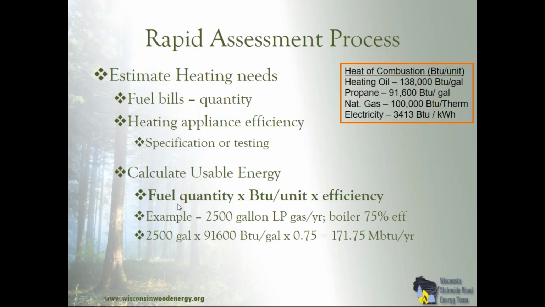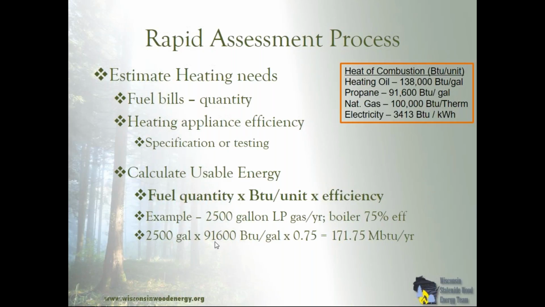And then the formula is the fuel you've used times the energy per unit, times the efficiency of the unit. The box in the upper right shows the BTUs per energy content. My example here is 2,500 gallons of LP gas, or propane, with a boiler efficiency of 75%.